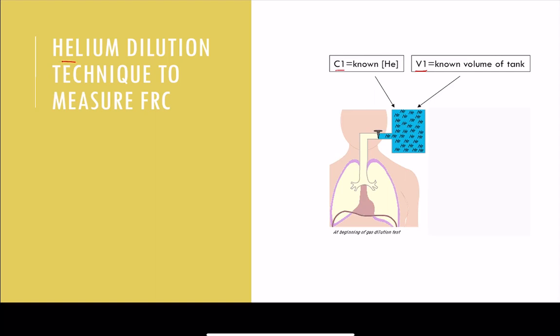Now, we use helium in the helium dilution technique because it has a very low solubility and very little will be absorbed into the body. So this individual could breathe helium in and it won't get absorbed into the blood and lost through the circulatory system. The helium that enters the lung will stay there. Very, very little will be absorbed.